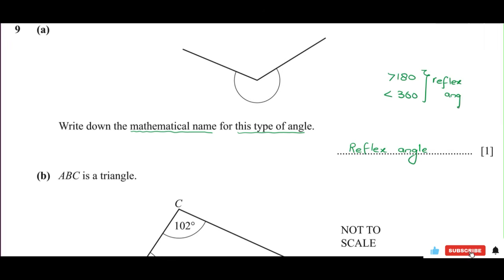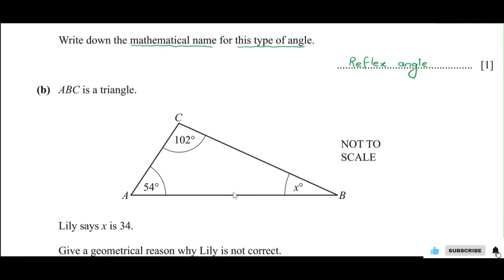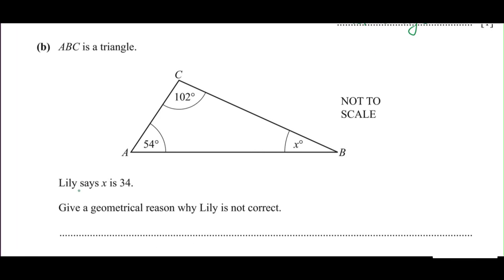And 180 is basically the straight line, right? When the angle is more than the straight line and less than the whole circle, 360, that angle is a reflex angle, right?